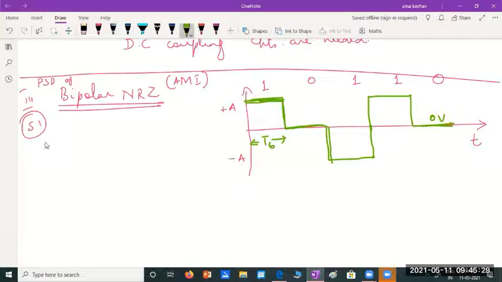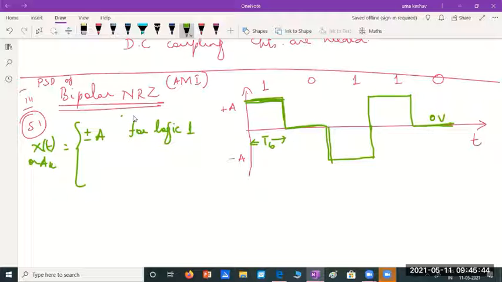So let me list x of t or a_k. The equation, how should I write? We'll say it is plus or minus A for logic 1 in the interval 0 to T_B, and its value is 0 for logic 0, again in the same interval 0 less than or equal to t less than T_B. Is this fine?